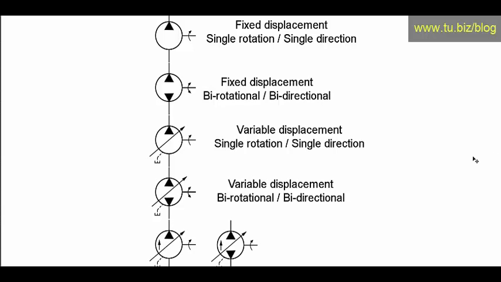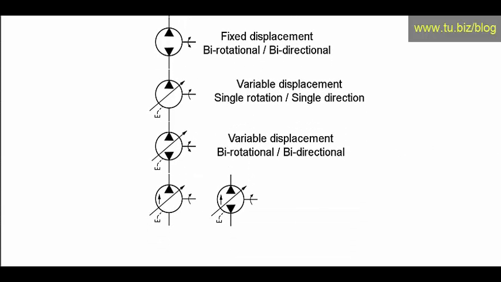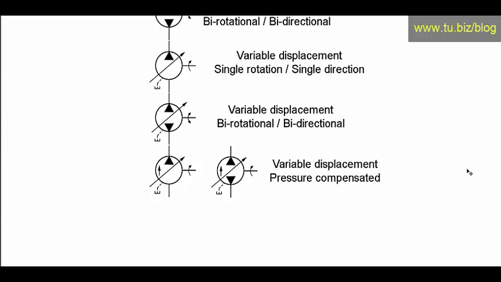Let's go to the following units, and we see now we're getting into the controls of the pump. This pump over here, for example, is a variable displacement, with the arrow going across, and pressure compensated, that'll be this arrow on the side of the pump. That means it has a control of the pump, a pressure compensated control.